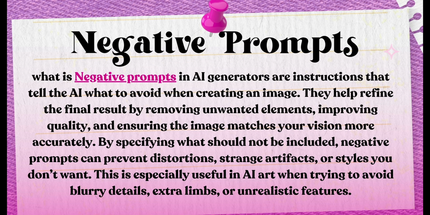By specifying what should not be included, negative prompts can prevent distortion, strange artifacts, or styles you do not want. This is especially useful in AI art when trying to avoid blurry details, extra limbs, or unrealistic features, which I do go over in the video tutorial.